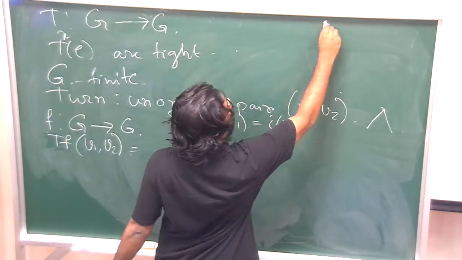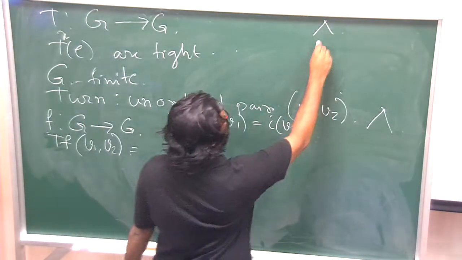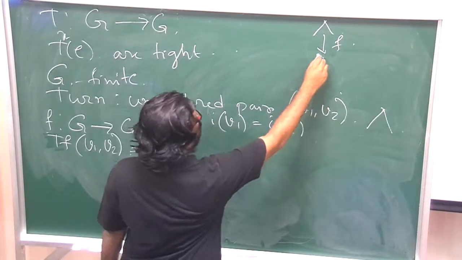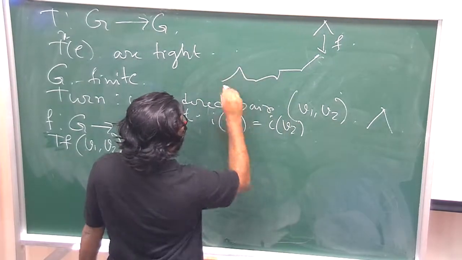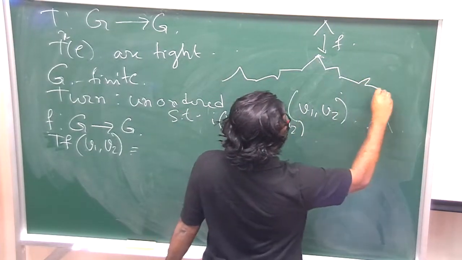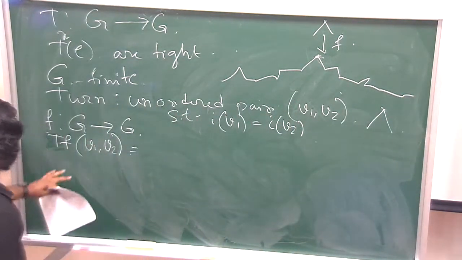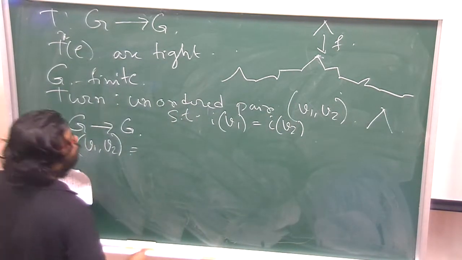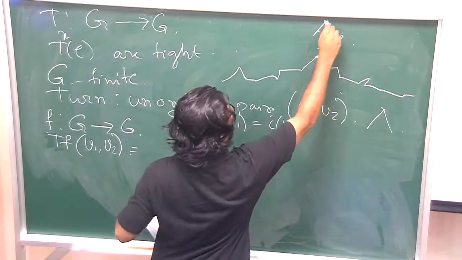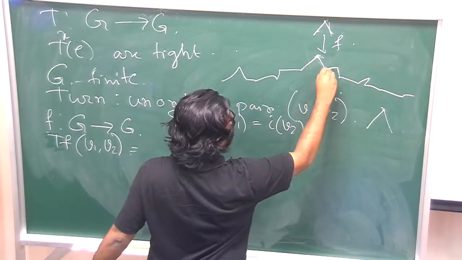Suppose I have a turn here. If I apply f on it, it goes to some edges like that. Tf sends this turn onto this turn.